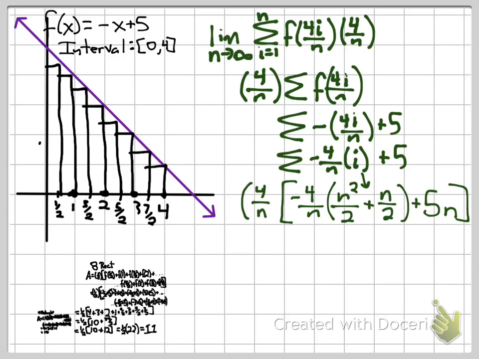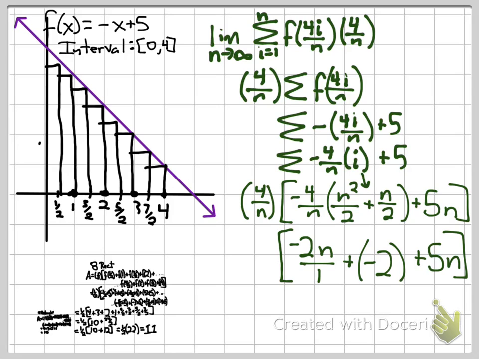We will bring down this 4 over n, even though we're not quite to that yet. Still working within the bracket. I'm going to distribute out the negative 4 over n to each of those two terms. That's going to give me a negative 2 on top and an n on top. And then with n plus 2, it looks to me like I'm just left with a negative 2 and then plus 5n.